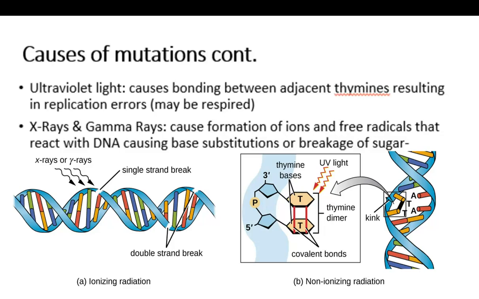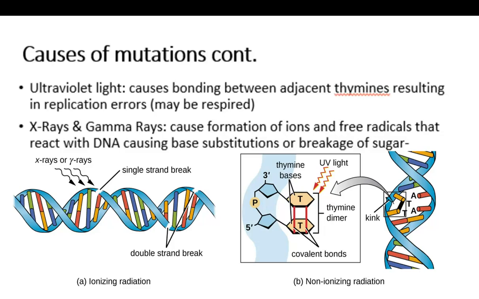Ultraviolet light is non-ionizing radiation that can cause two thymines next to each other to bond together. It's called a thymine dimer, where the thymines are attached together, and then it can cause the stop of replication, transcription, and translation.